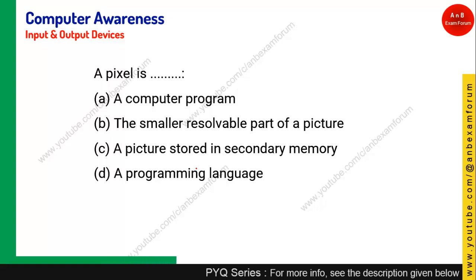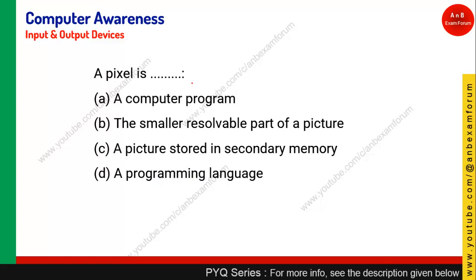Coming to the next question, a pixel is what? A computer program, a small resolvable part of a picture, a picture stored in secondary memory, a programming language. Remember, if you have an image, nowadays people know this pixel terminology. First thing is the resolution.